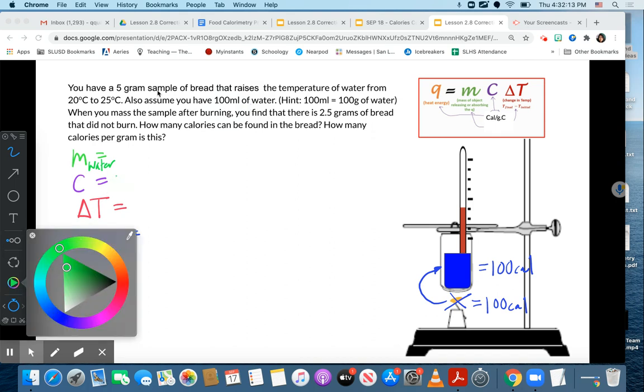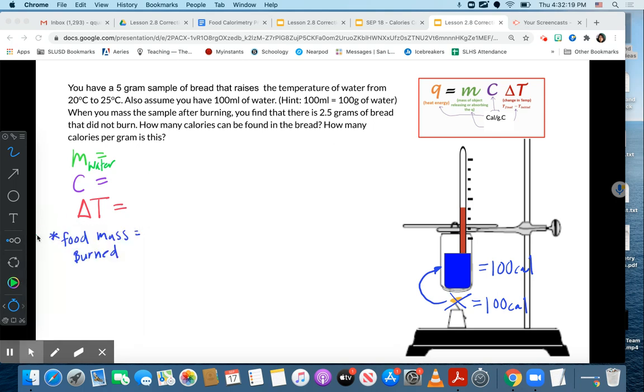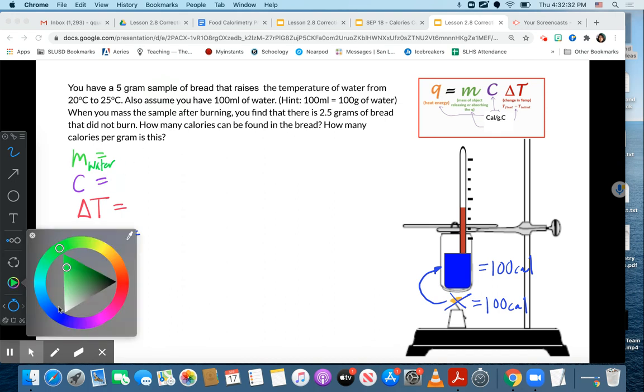So looking at the mass of the water now, let's read this first straight through and then talk about what our new components are for our equation. Here we have a 5-gram mass of bread that raises the temperature of the water from 20 to 25 degrees Celsius. In blue, I've listed the mass of the food burned.